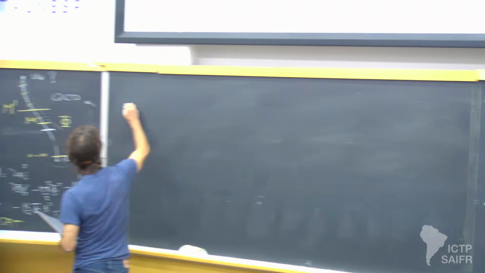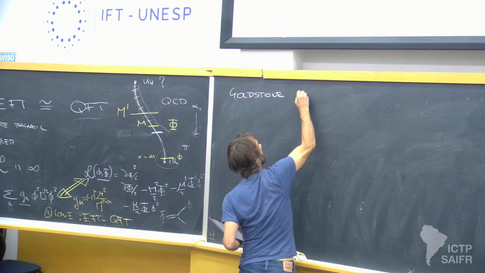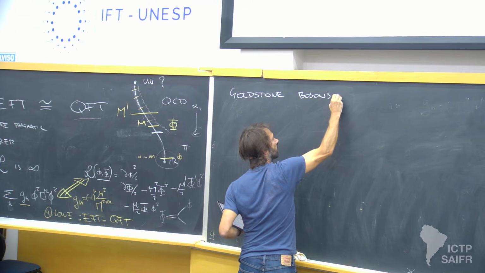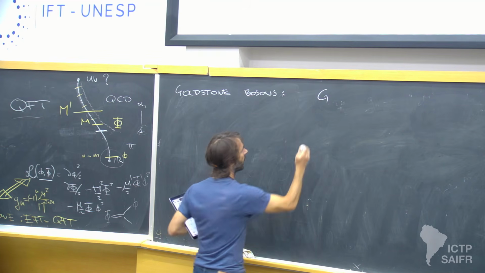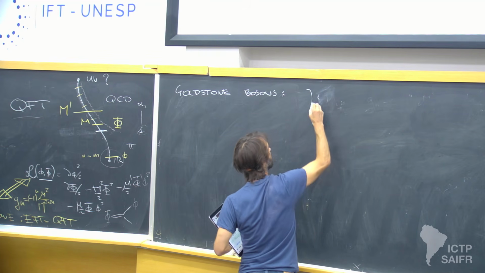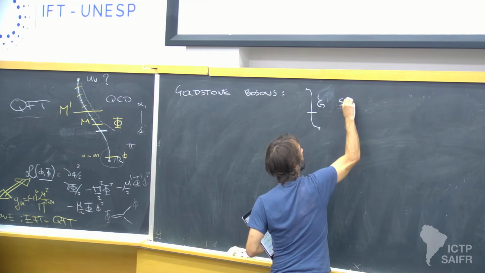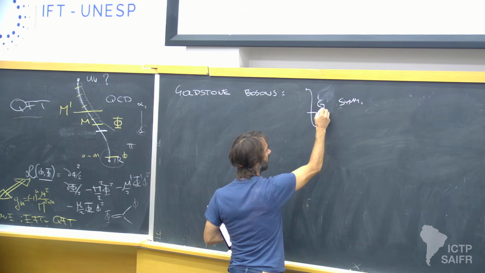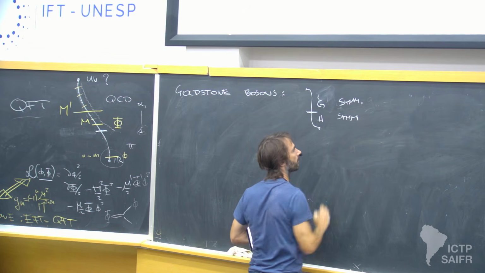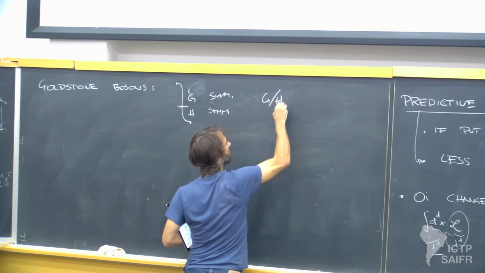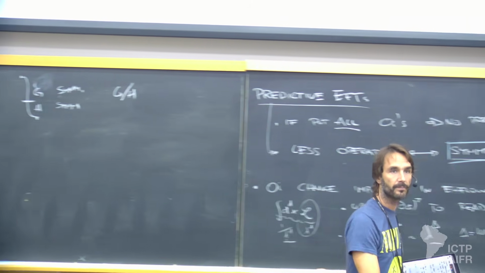Goldstone bosons are particles that originate when we have, let me insist on this picture, a symmetry G that is broken at some scale into another symmetry, H. Okay, so we have G being broken to H. And so who here knows Goldstone theorem? Hands up.